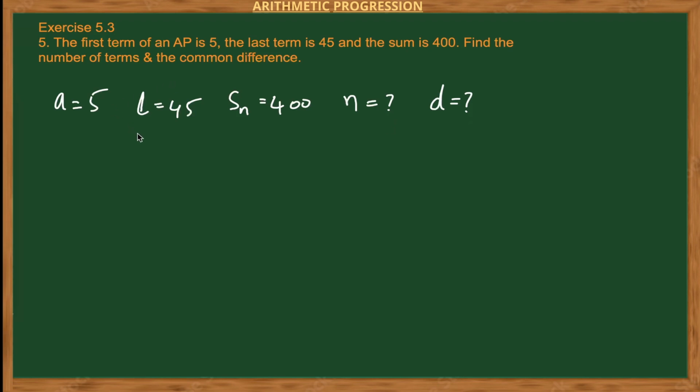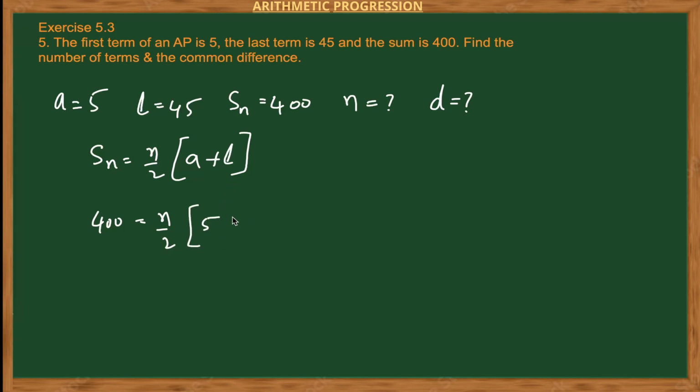Okay, so what is that formula we can use here? If the last term is given, we can use the formula for the sum: Sn is equal to n by 2 into a plus l. Okay, so we have Sn is 400. What is n? We need to find. Is a there? Yes, a is there, 5 plus l is 45.